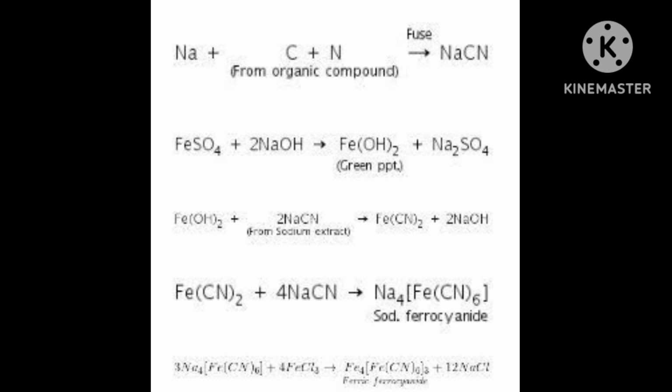This is called Prussian blue. Again, finally: Fe4 outside, inside the big bracket Fe(CN)6, and outside the big bracket down 3, and xH2O. You don't know how many x is there, maybe 2, 3, 4, 5. This is called Prussian blue.